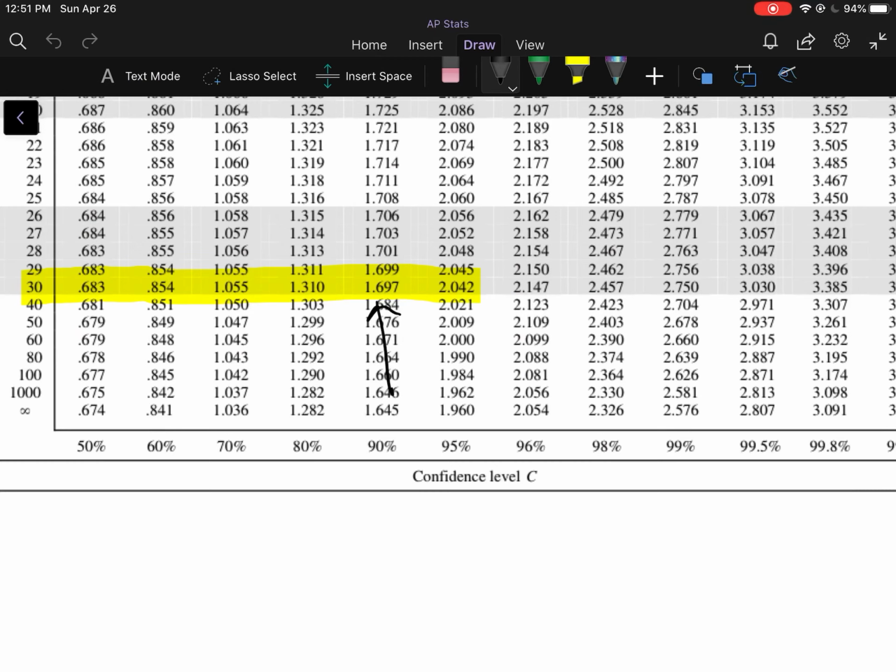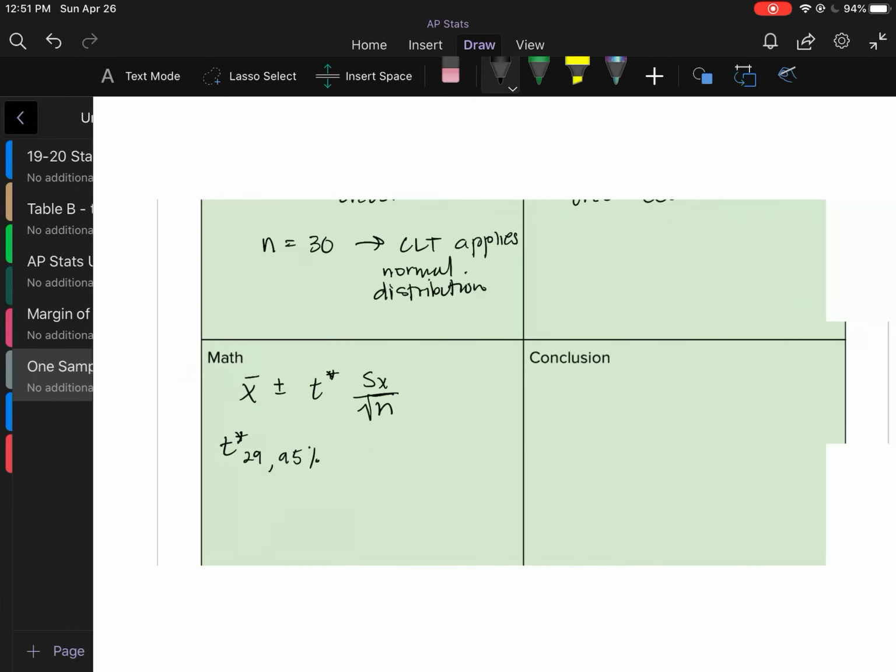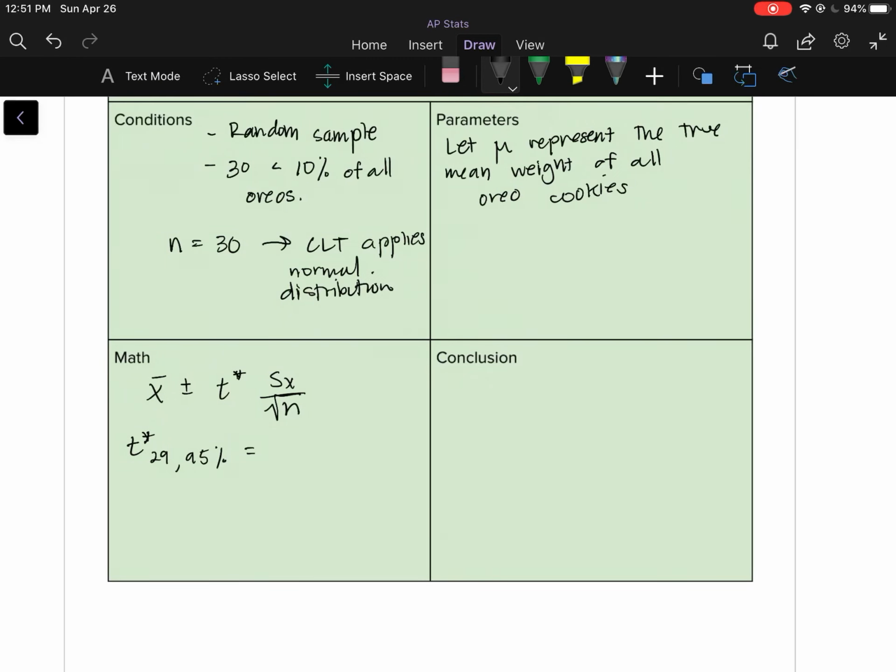So let's look at our chart. We're at 29, which is right here, and we're looking at 95%. So we're looking at 2.045. So we know that T star equals 2.045. We know S sub X.